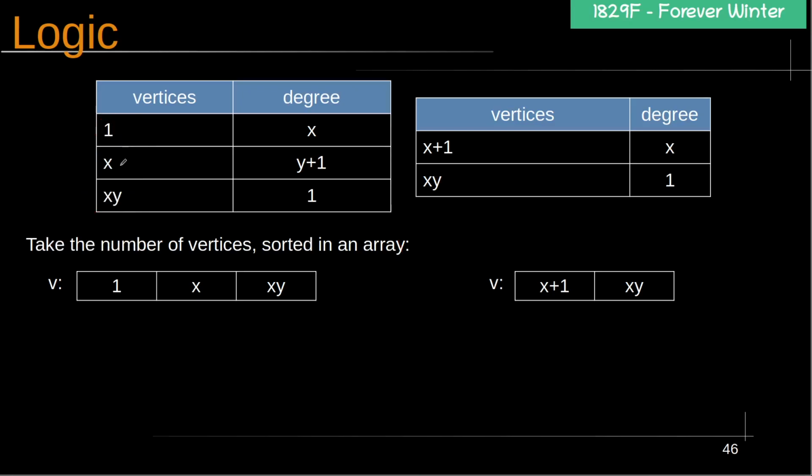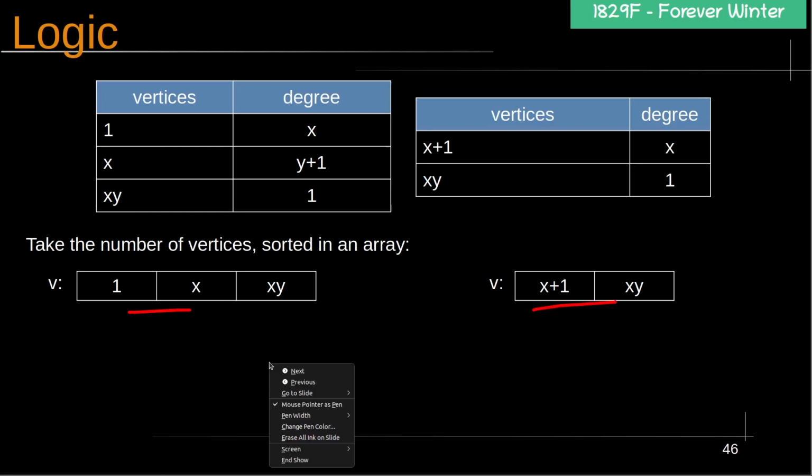We are sure that if we have a graph like described in the problem, we will have this content of the table 1, x, xy. We are sure that x is greater than 1 and x times y is greater than x. Same here, we are sure that x times y is greater than x plus 1.